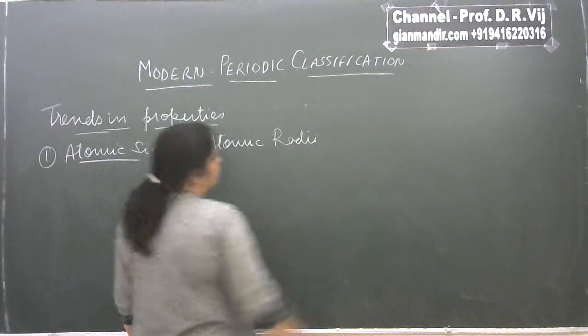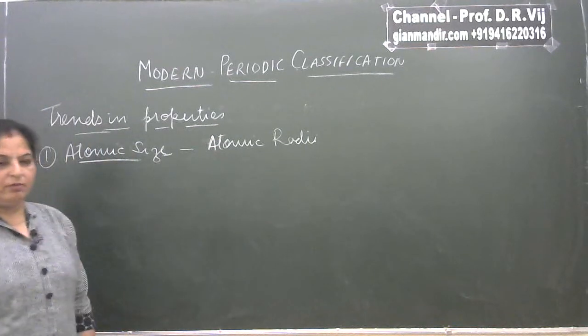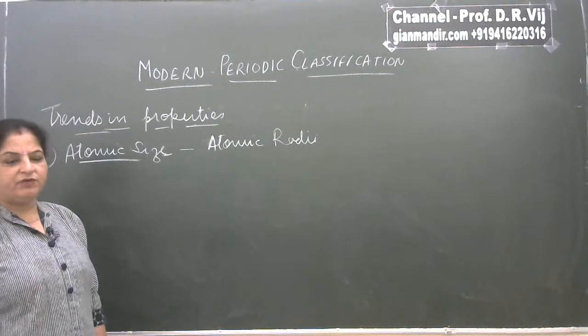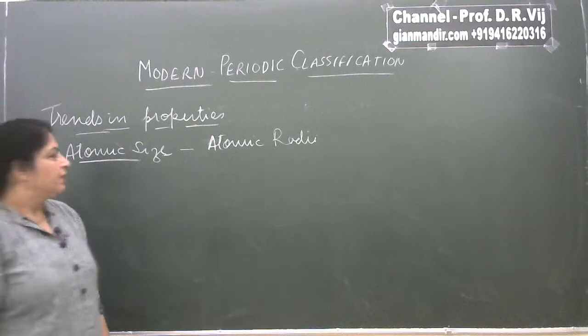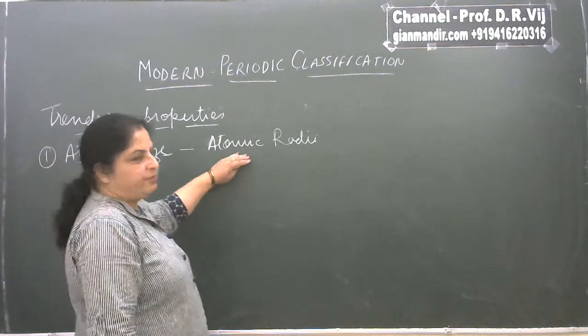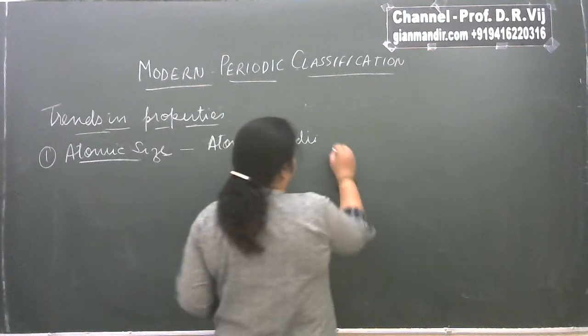That is the one very important property which becomes the key factor of various other properties also. So if we talk about atomic radii, what is the atomic radius?